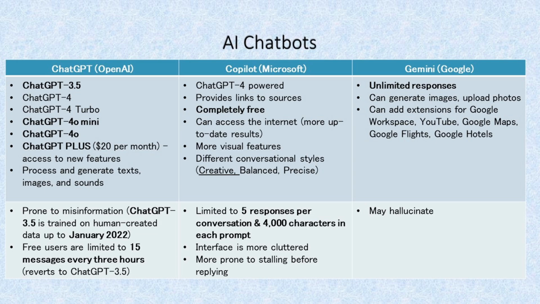Subscribers to ChatGPT Plus can pay $20 per month to access the more powerful GPT-4 models. These versions offer advanced features such as improved reasoning and comprehension. It can handle complex tasks like generating images and sounds more efficiently and with better context understanding.